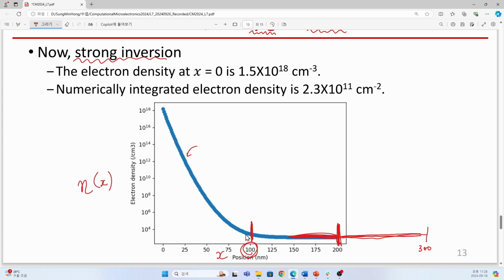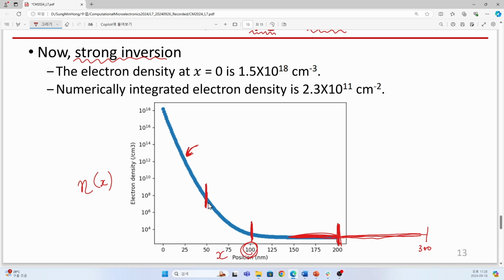So then what will happen? Since we have a little change in our numerical solution, that will make certain distortion in this important part.